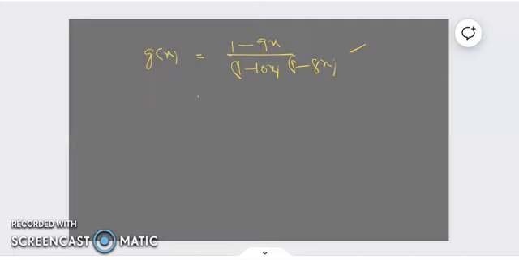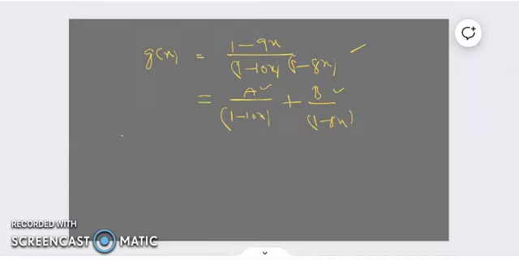So this fraction can be decomposed by using partial fractions as a by 1 minus 10x plus b by 1 minus 8x. Now here a, b are unknown constants. a, b can be solved by using partial fractions.